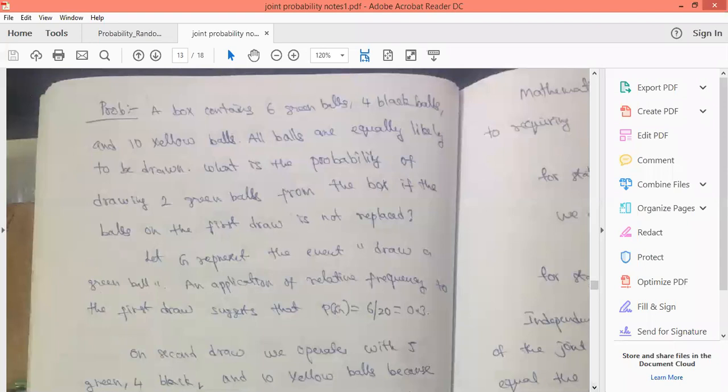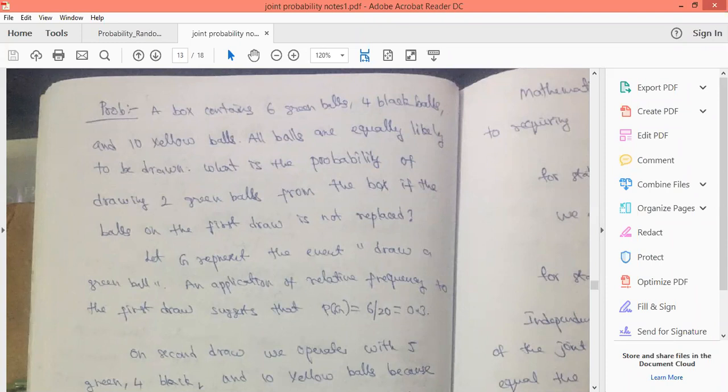Okay. Here we have a box which has 6 green balls, 4 black balls and 10 yellow balls. Now we have to find out the probability of drawing 2 green balls from the box if the ball on the first draw is not replaced.